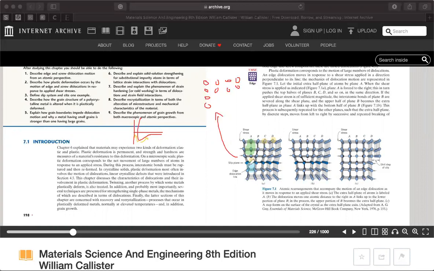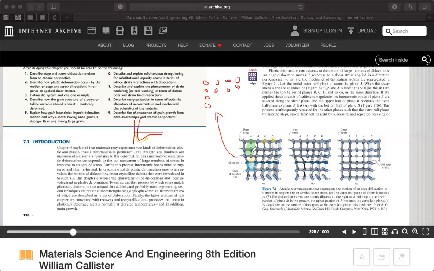In the top, the atoms are compressed together because you have more atoms. The one at the bottom, the atoms are under stretch, right? So they're under tensile. So in any dislocation, there will be some associated lattice strain.